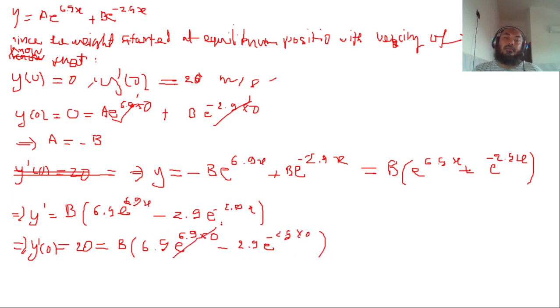So we have this one 1, this one also 1. So we got b multiplied with 6.9 plus 2.9, we got 9.8.